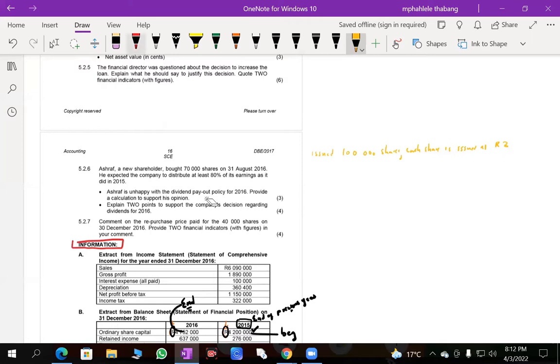So it will be easy to know the value of these 100,000 shares, because they will have given you the price. In such a situation, you are going to say 100,000 times the price given to know the value of shares. In this case, we can't know the value of shares because we don't know the price.